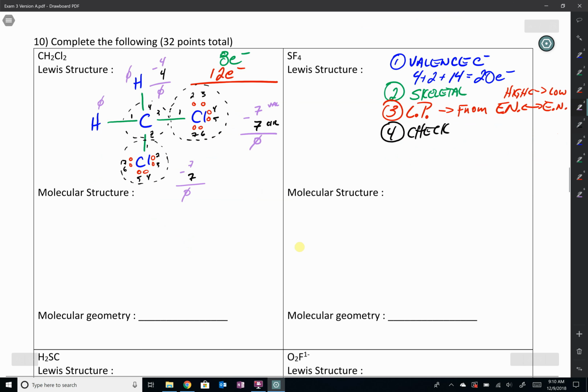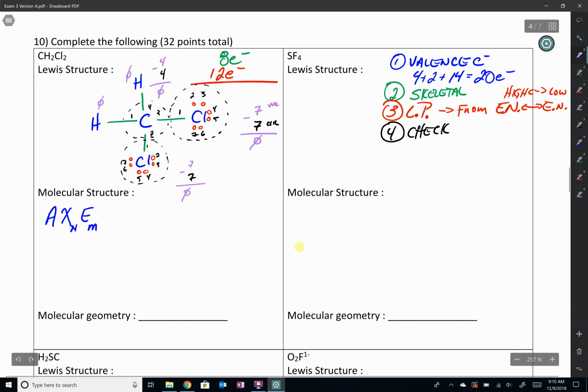Now, how do we deal with molecular structure? There's a certain part of it that you have to memorize. If you have a central atom, remember we call that atom A, and we can have 2 things around it. We use this AX notation, where the central atom A has either lone pairs or other atoms around it.